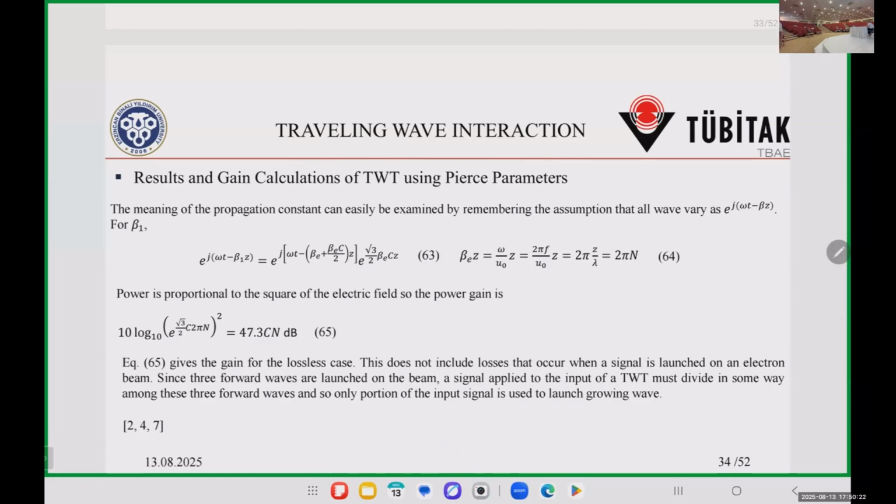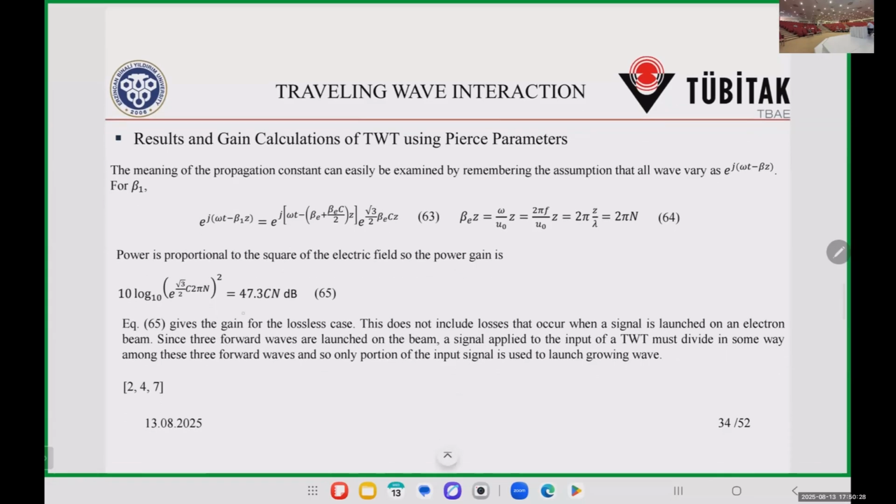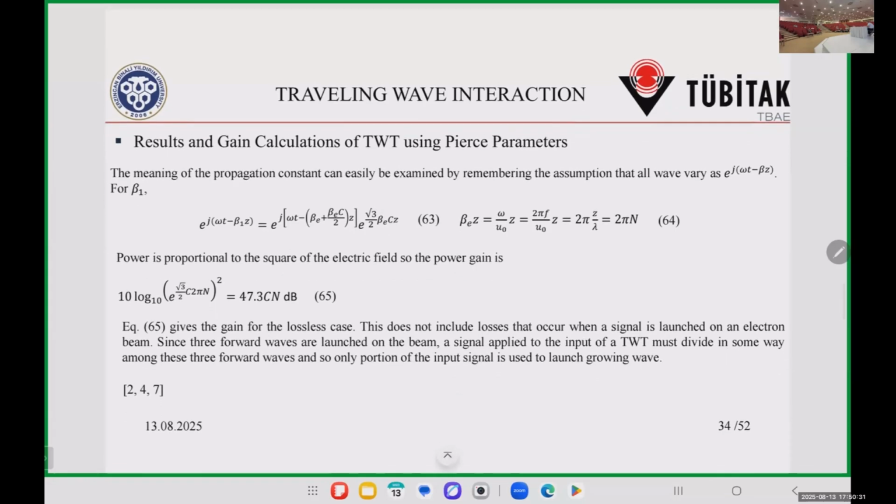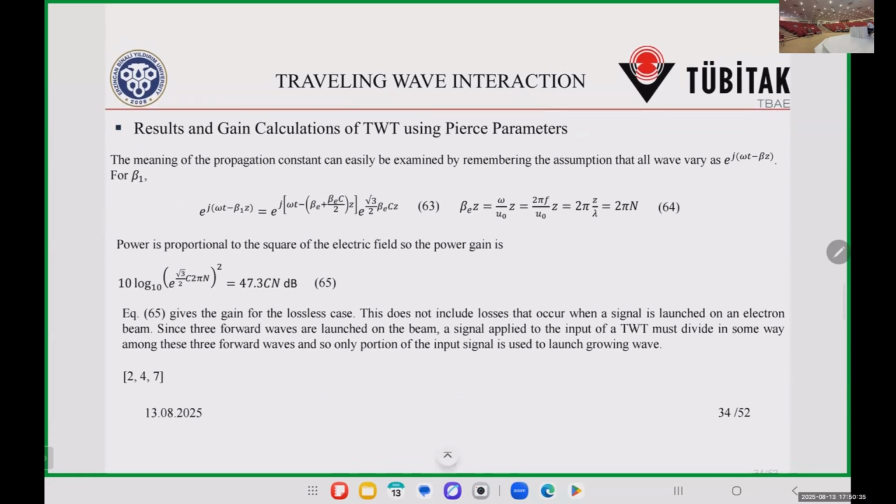So power is proportional to the square of the electric field. So the power gain can be obtained, this 47.3 Cn here. Equation 65 gives the gain for the lossless case.